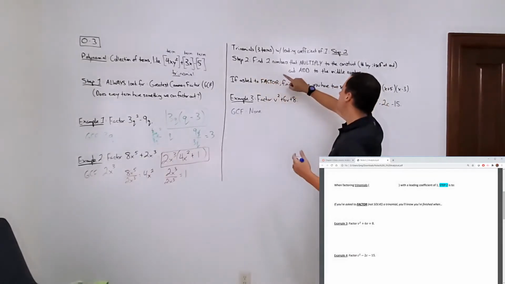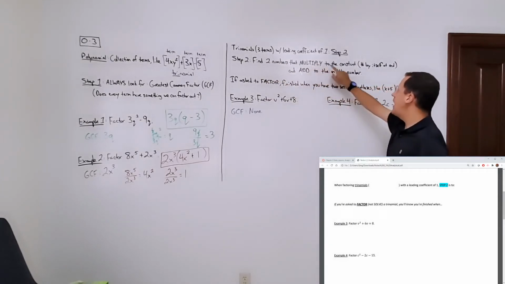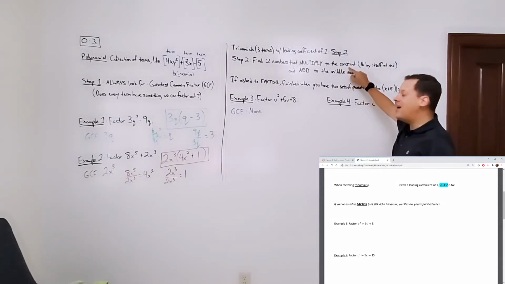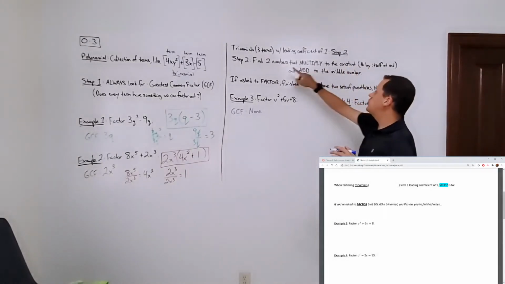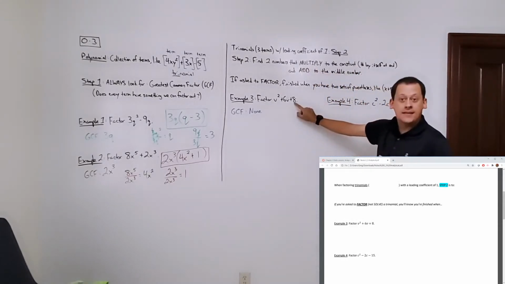And step 2 is to find 2 numbers that multiply to the constant. And the constant is the number by itself at the end. So we need to find 2 numbers that multiply to the number at the end, which is 8.